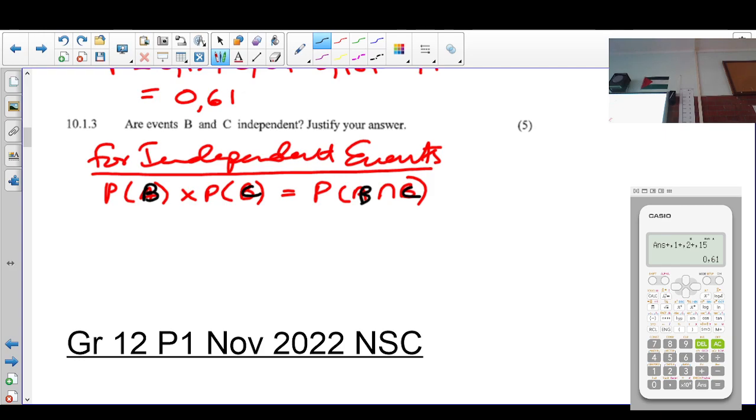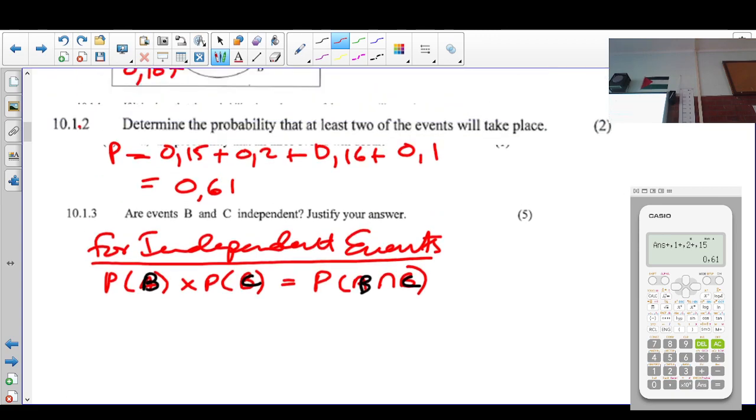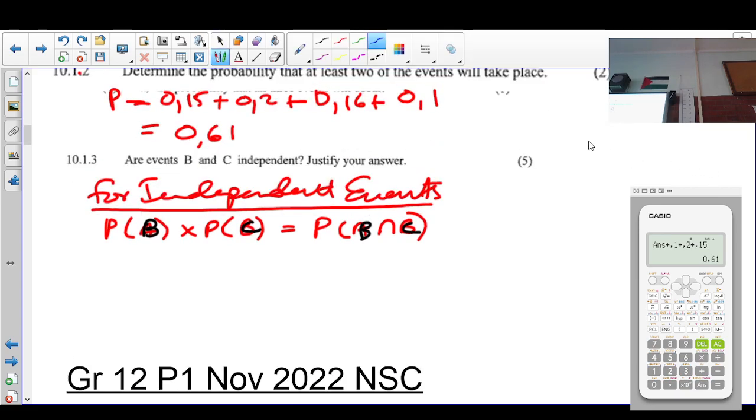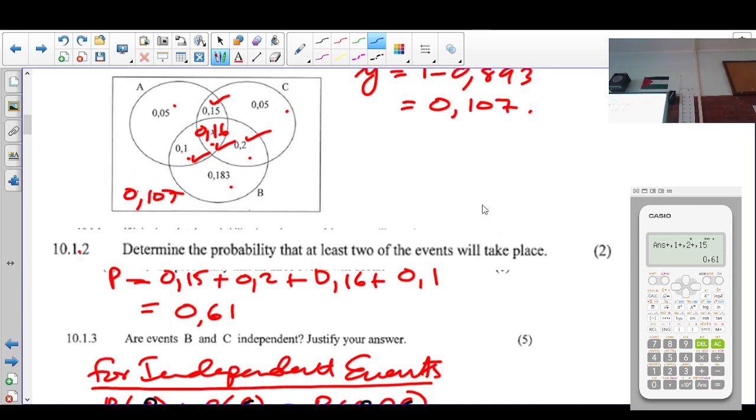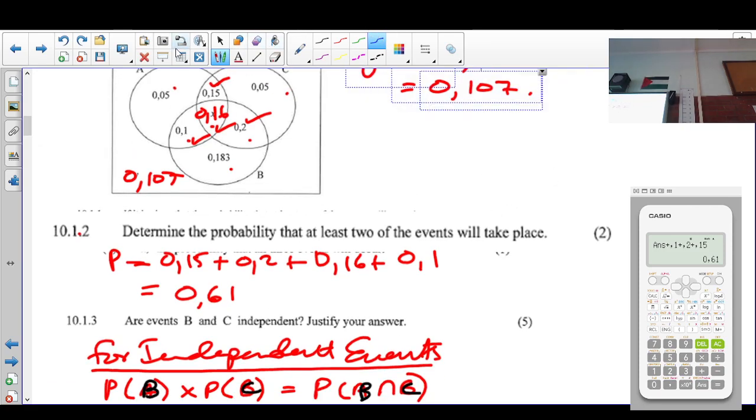Okay, so what's the probability of B? Let's go with that quickly. Let's just change the color. We're trying to prove this formula. What is the probability of B? It's going to be that plus that plus that plus that.